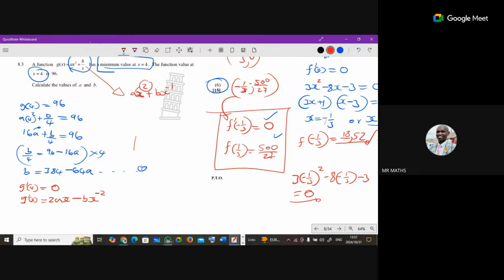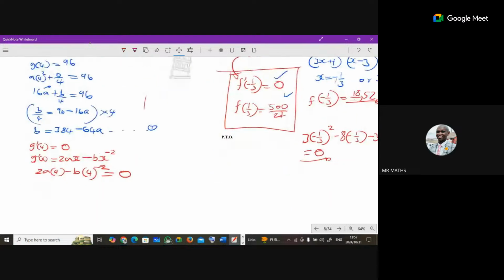So we are saying this derivative is about g prime of 4. So at x equals 4, we are going to have 2a into 4 minus b into 4 raised to the negative 2, which is supposed to give us 0 once we substitute. Then we play around with this one as well. We simplify it.